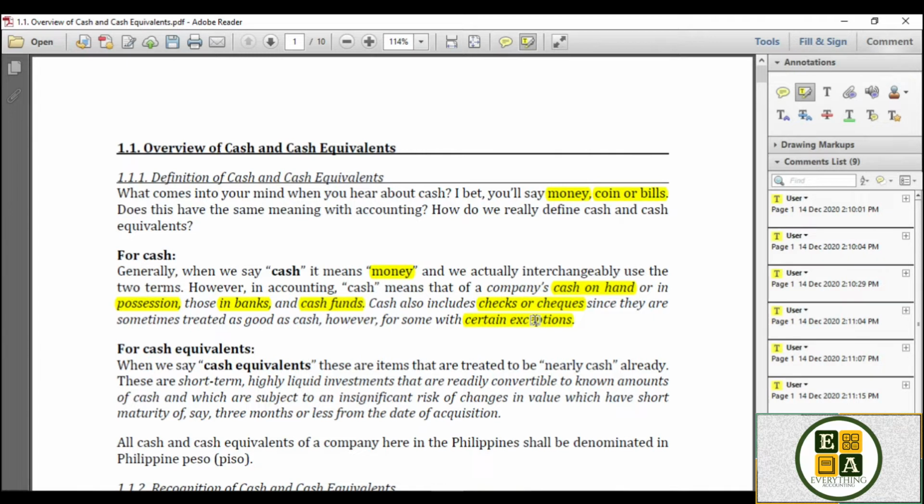Now, we are new with the term cash equivalents. Kasi alam natin is cash, pera. But cash equivalents, pag translate natin, parang pera. But actually, cash equivalents, pag sinabi natin sa accounting, these are treated as nearly cash. Pag sinabing nearly cash, hindi pa siya talaga ko-consider na item ng cash sa accounting.